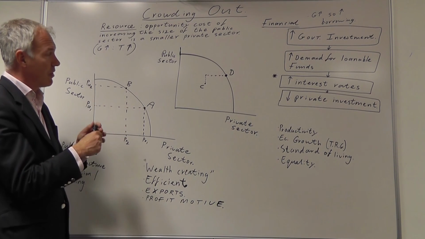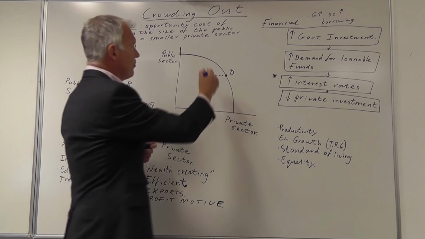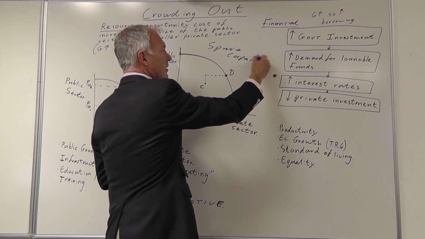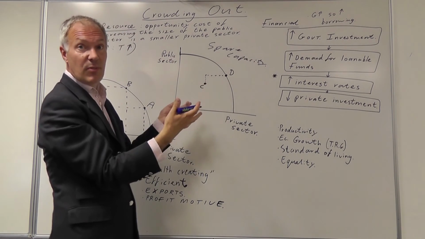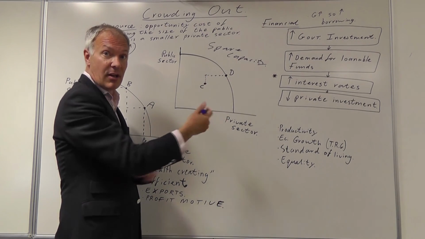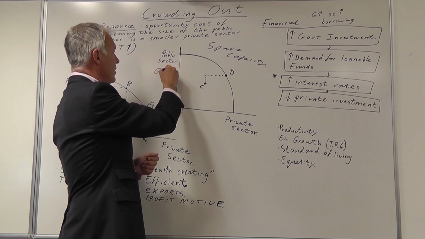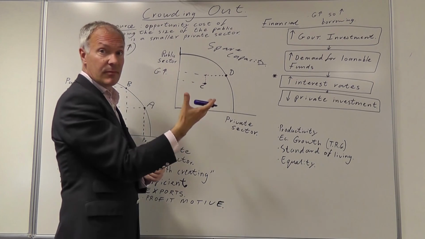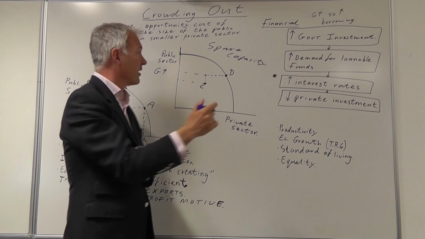And there's one further argument. Will crowding out actually occur? Because if we've got spare capacity in the economy, then what will happen? If we start at point C, which is within the PPF, and there's spare capacity there, idle labour and capital, and the government increases public sector spending, investment, then this will have a positive multiplier effect.